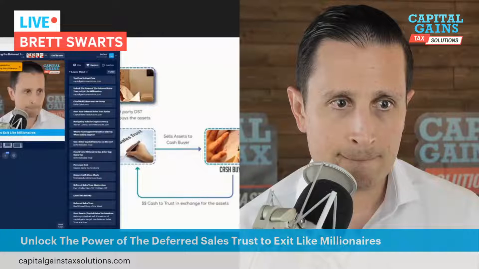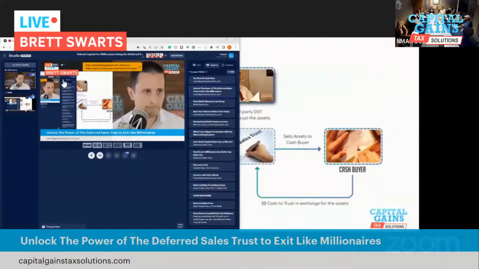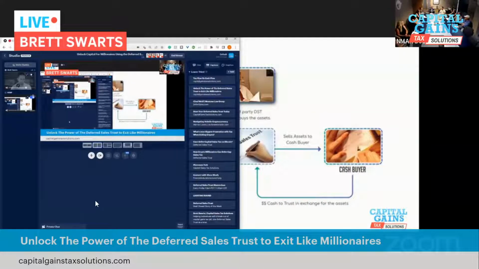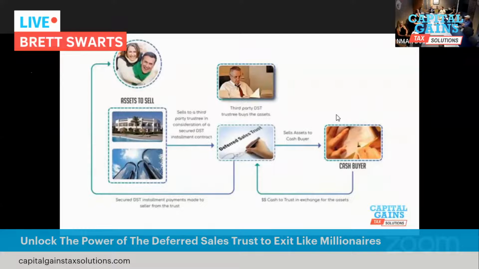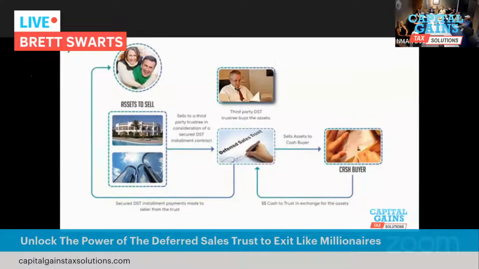Well, we've got one right now on Whitefish Lake. The owners of the property bought it for just slightly over $1 million, and I brought them an offer for $5 million 3 years later, just recently. They don't want to deal with a 1031 and they don't want to deal with capital gains. Perfect. There we go. We'll use that.